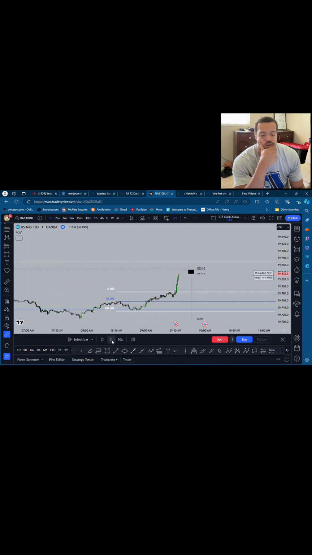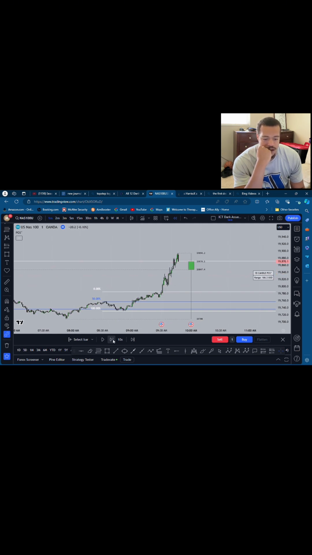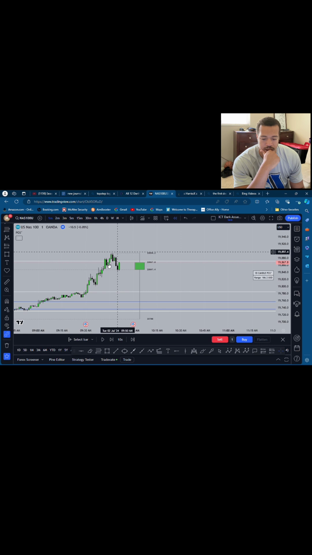Now, since we're pushing like this, I would need to see some type of buy. So we took out this low right here, but is that enough for me to deem it okay?